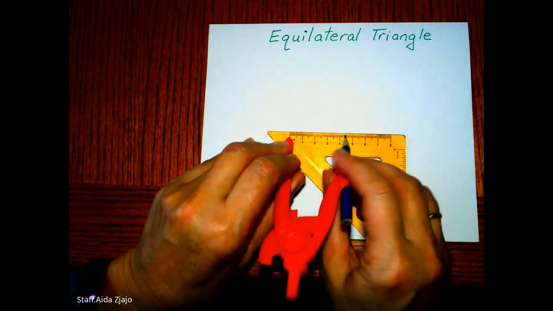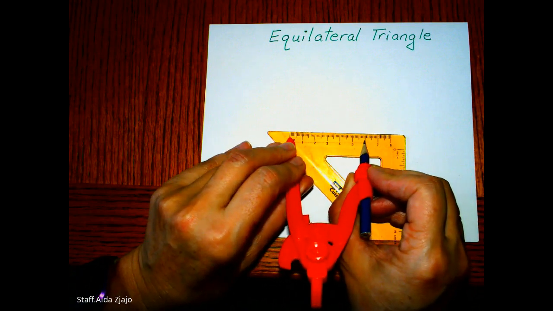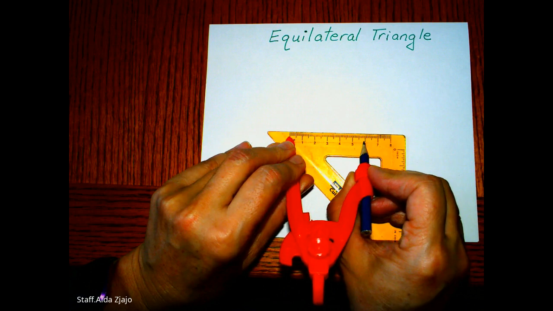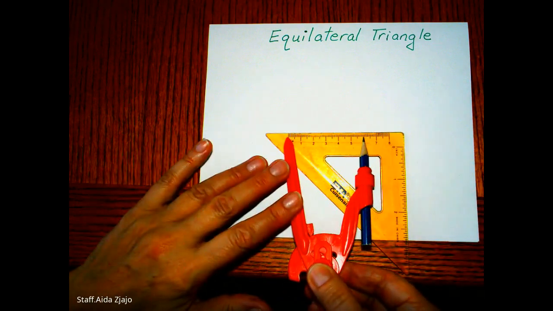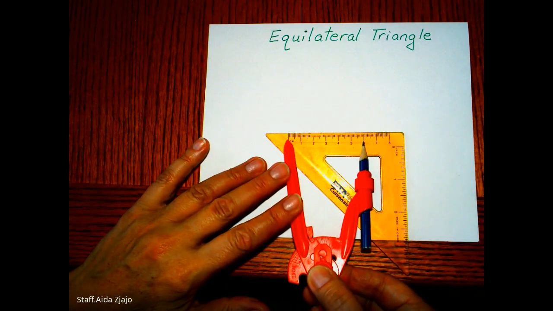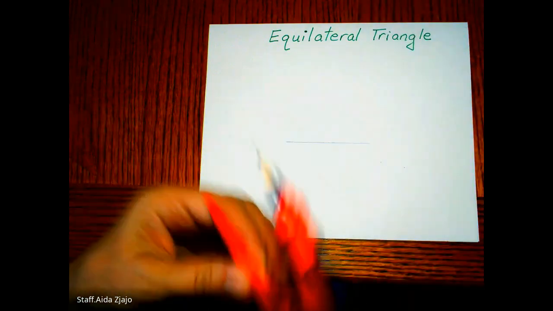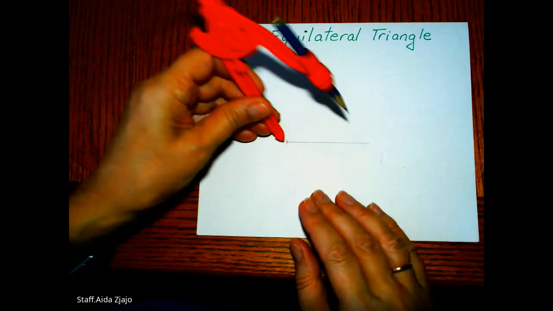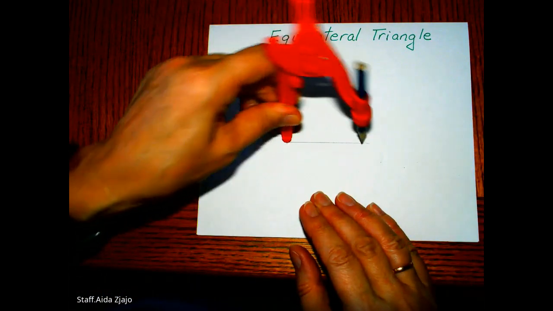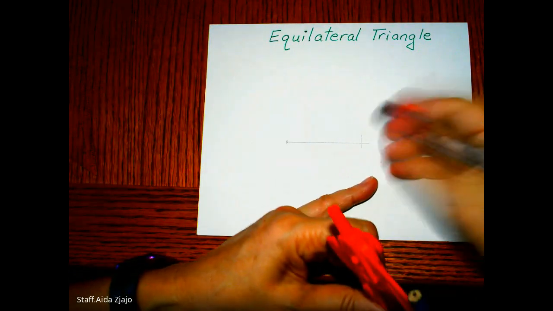If I extend my compass, I will see how long 6 centimeters is on my ruler, so I can create my equilateral triangle that will be 6 centimeters each side. I'm going to start right here, and first I'm going to measure 6 centimeters. Right there, that's how much, and I can erase the extra.